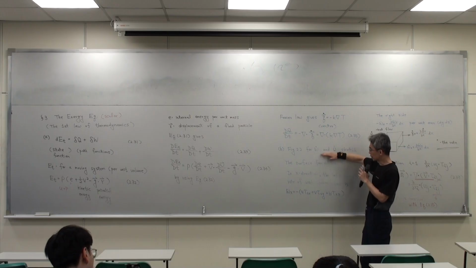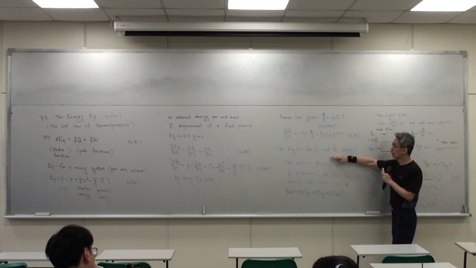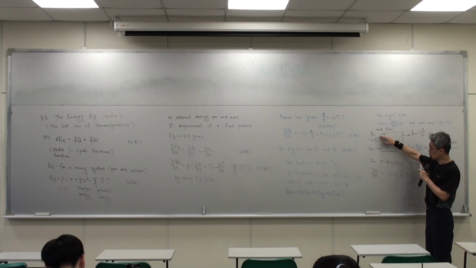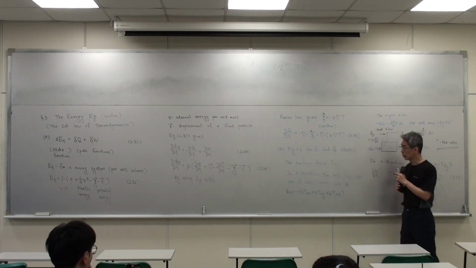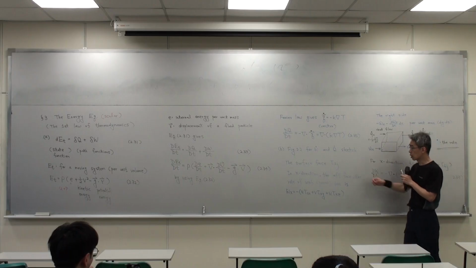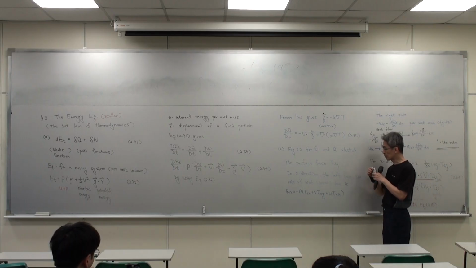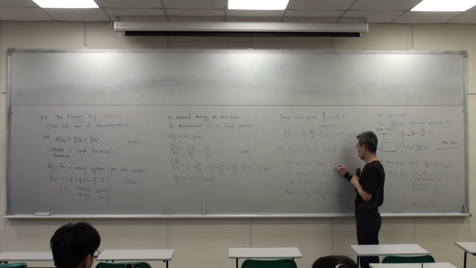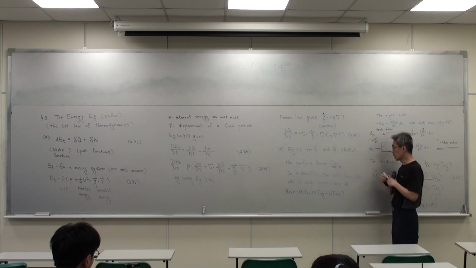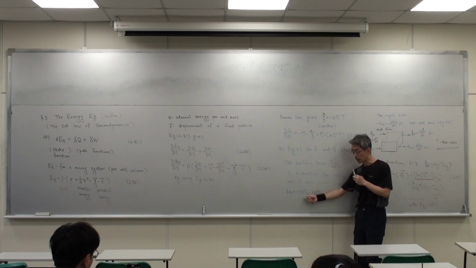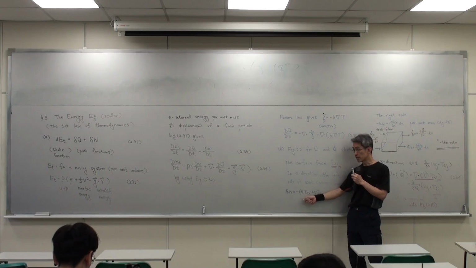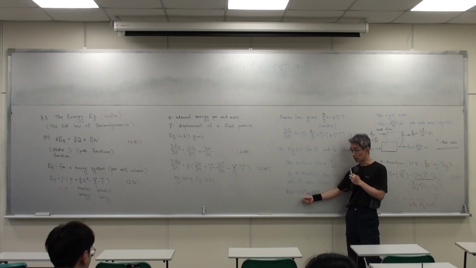And for the work, this sketch is written down like figure 2.2 in the textbook. The work is due to the surface force. So for the surface force, the work will be the force times the velocity, okay? And this velocity should be in the same direction as the force.